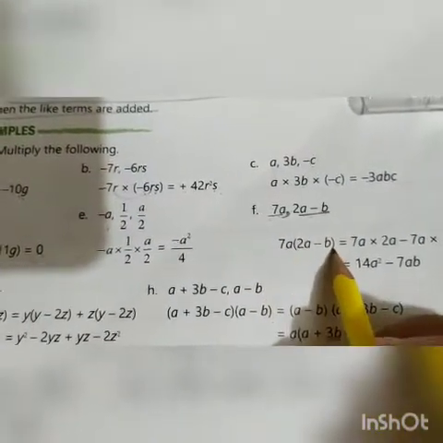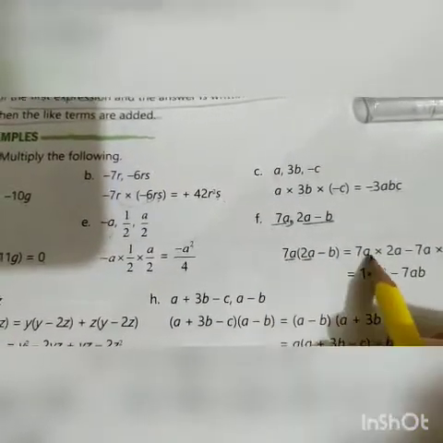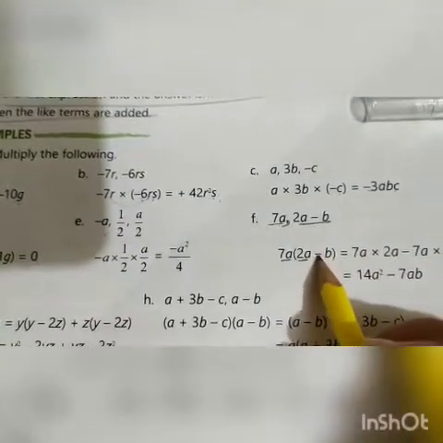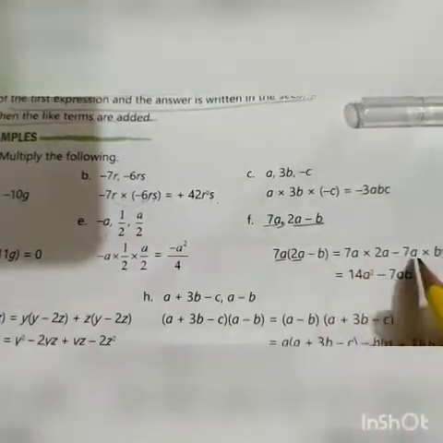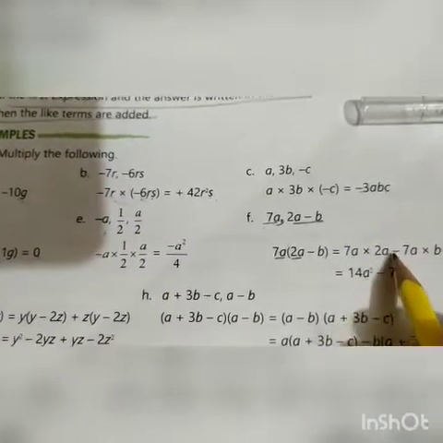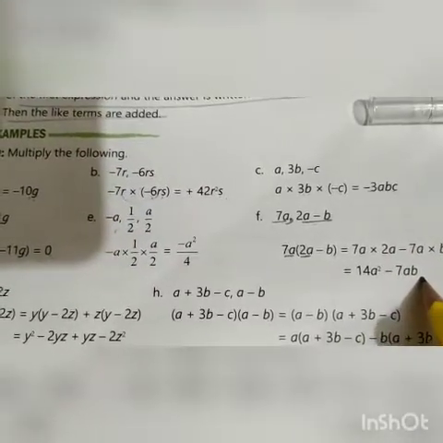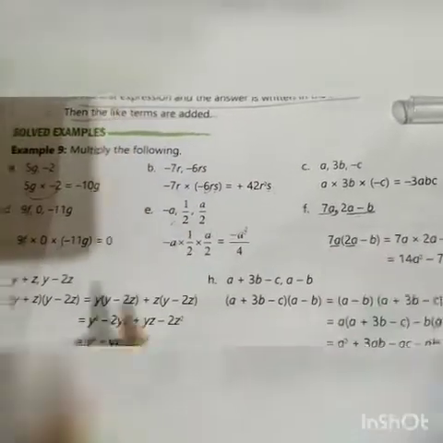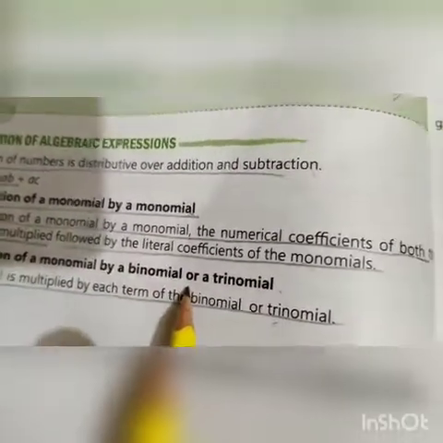So first we write it in this form. Then 7a, first multiply by 2a, then this minus, then 7a multiplied by b. So 7 times 2 is 14, a multiplied by a is a square, minus 7a multiplied by b, it will be 7ab. This is the example of multiplication of a monomial by a binomial.